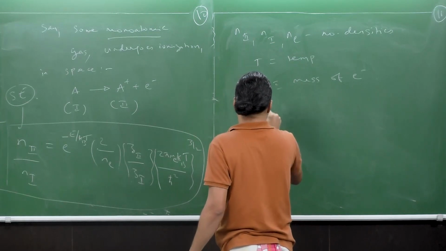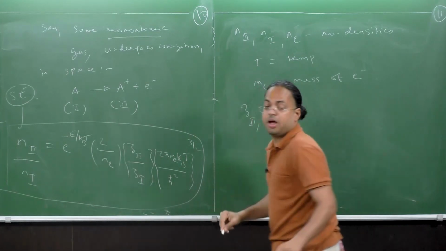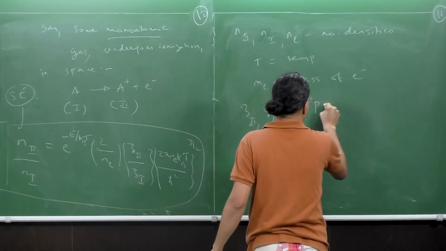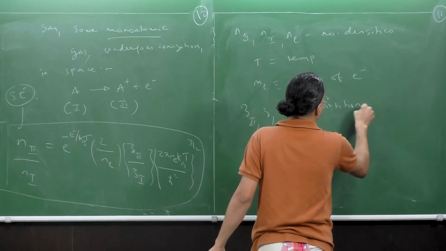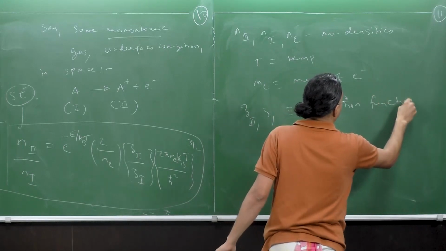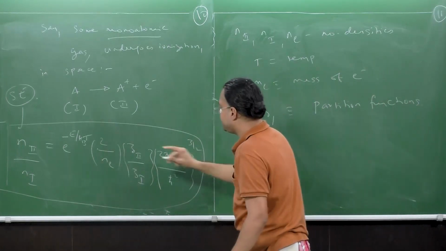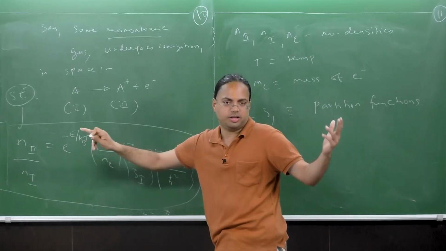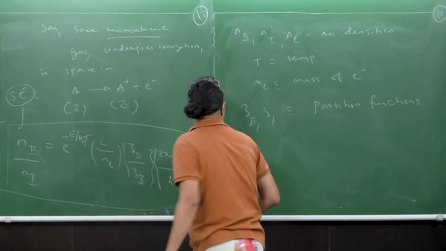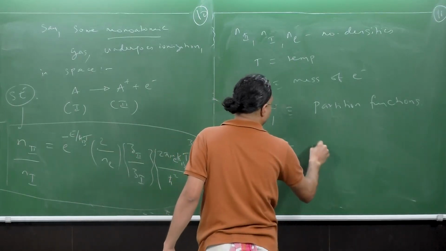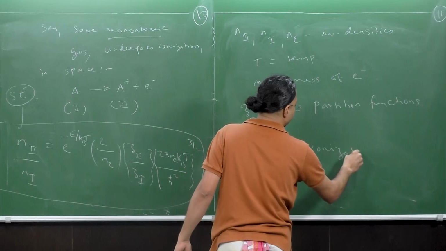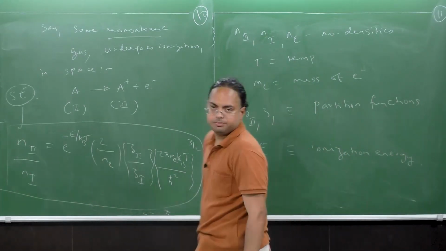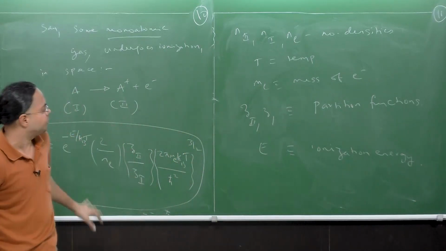Z2 and Z1 are the partition functions of A plus and A, and what else? Kb is the Boltzmann constant. And this term E is the ionization energy. Okay, right? So this is one version of the Saha equation.